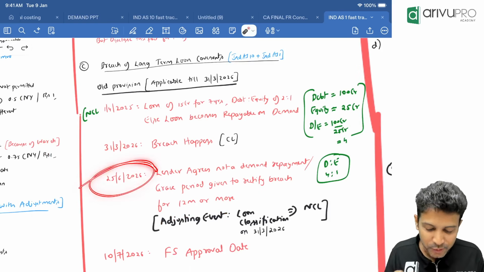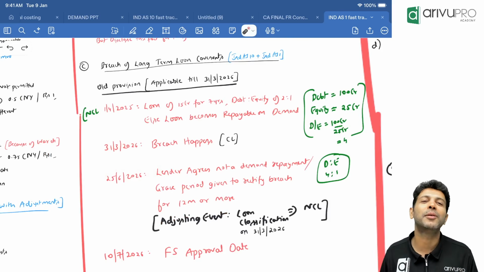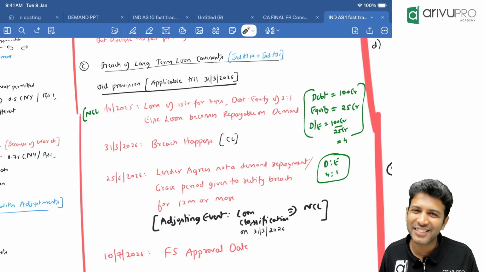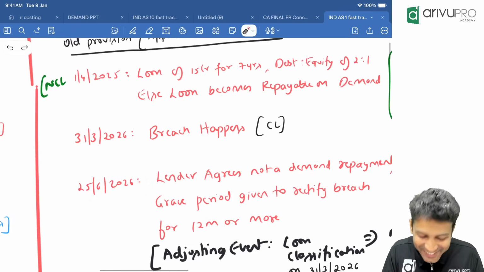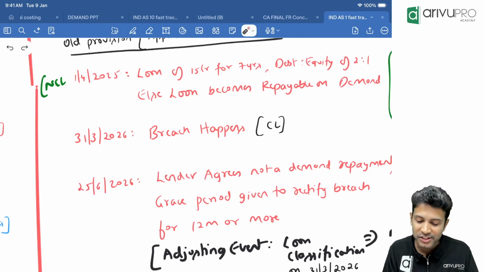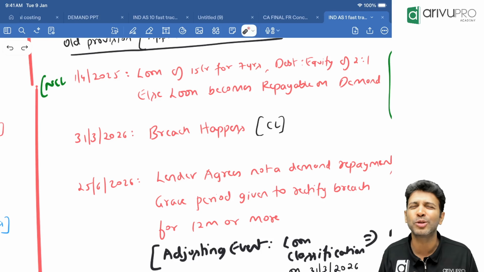Let us say on 25th June the company's directors met the bank and told them, kindly adjust, adjustment is India's second name, no? So on 25th June 2026, directors approached the bank and told, kindly adjust, give me some more time.